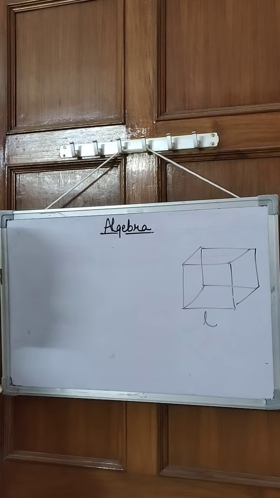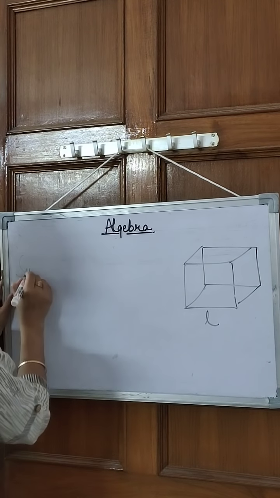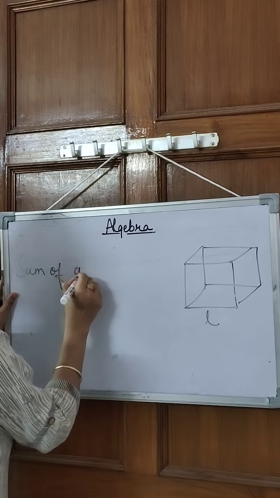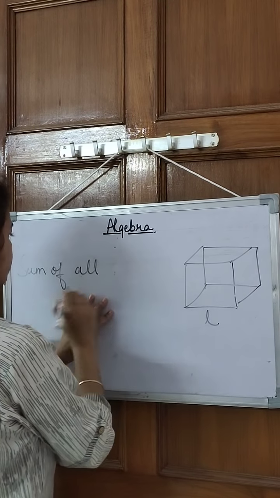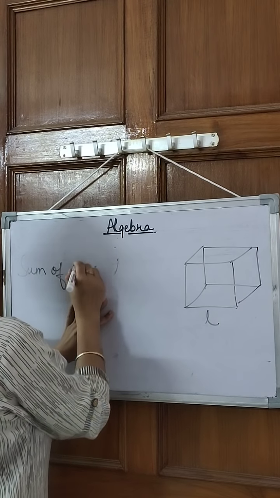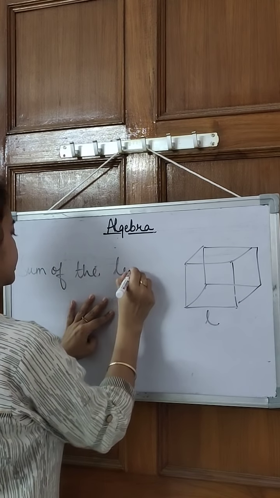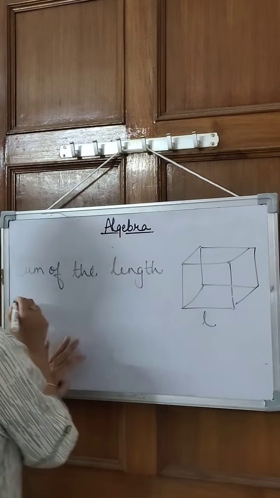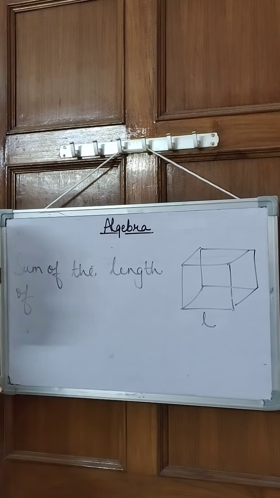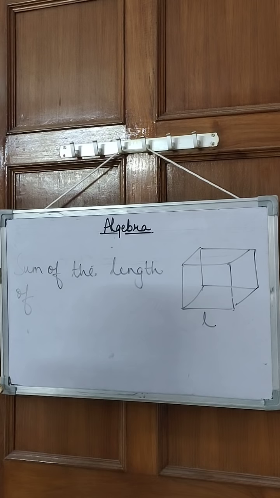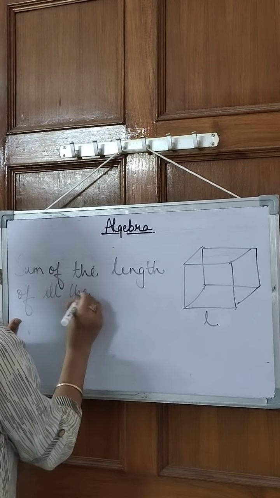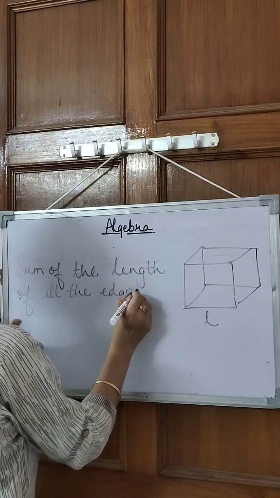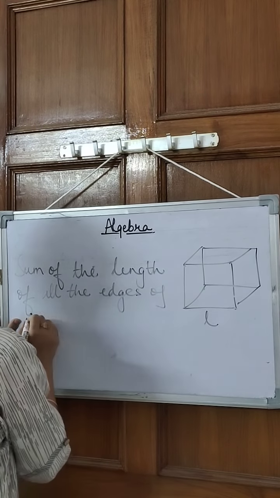They are edges of the cube. And what they are asking is to find out the sum of the lengths of all the edges of the cube.